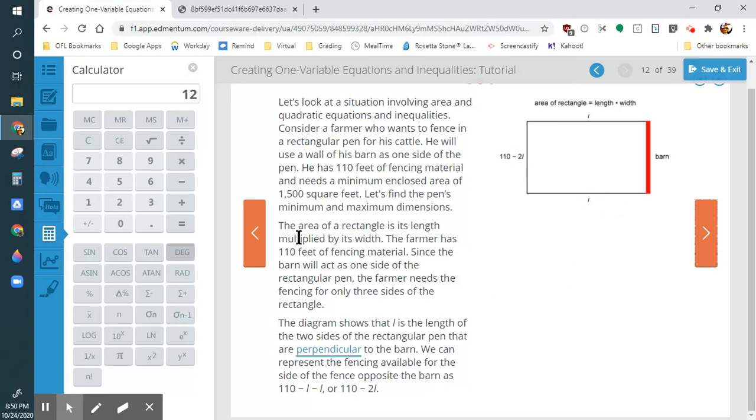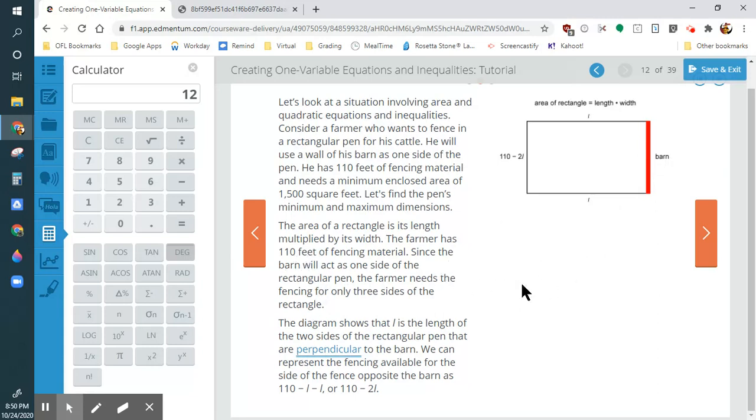So I think this is weird how they do it. The area of the length is multiplied by the width. The farmer has 2 times feet, since the barn will act as a side. So the barn's taking up a side here. Okay.